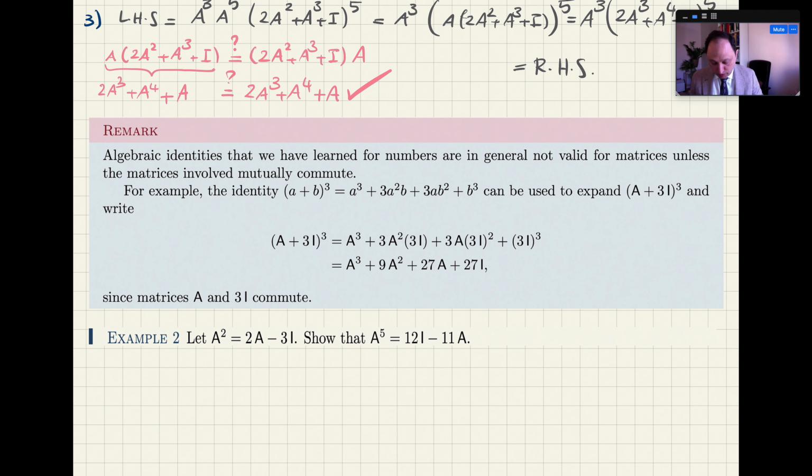So can you give me your opinion about this example number 2? How did you go from a squared to a to the 5 to show that this is also true? I split a to the 5 up into a squared times a squared times a.